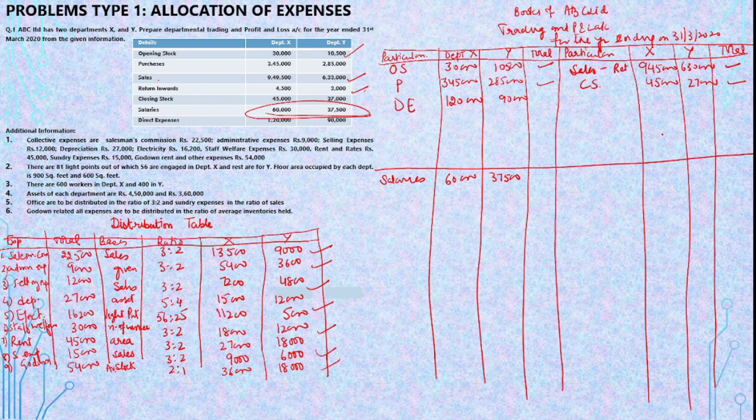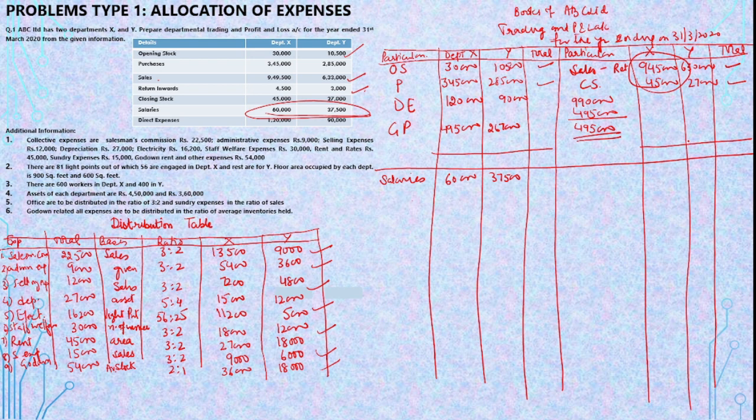Likewise for department Y, you can make the calculations, and it is 2,67,000. You can write the totals here, 657 and 990. Likewise, total column can also be done this way.